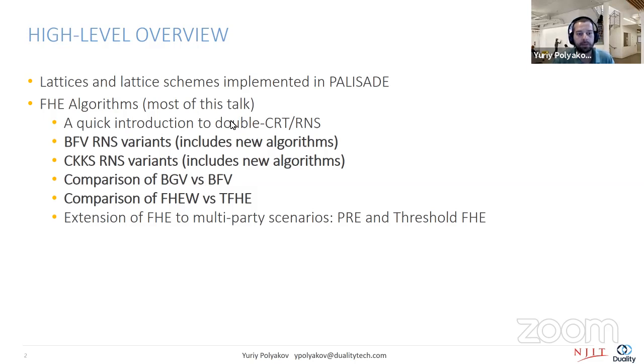We will also provide a comparison of BGV and BFV. Some of those results, I think, might not be trivial. We will give a comparison of FHEW and TFHE, based on the recent work with Daniele. Then we will briefly go over some of the multi-party functionalities that we have in PALISADE.